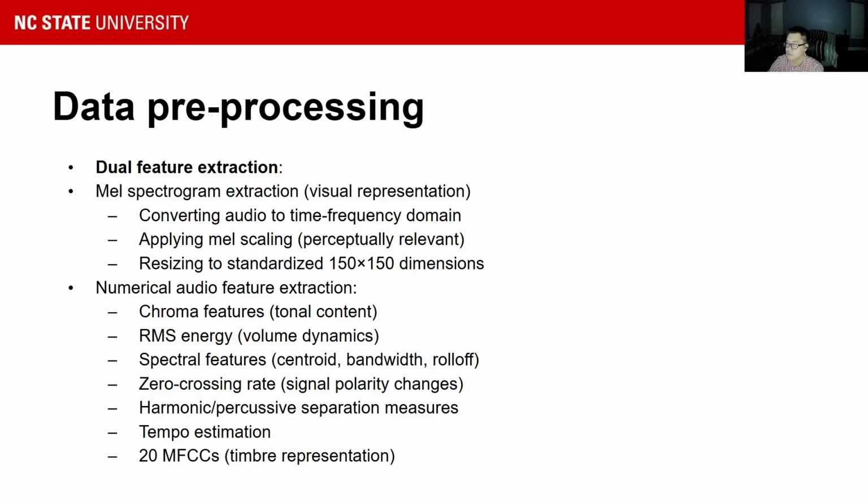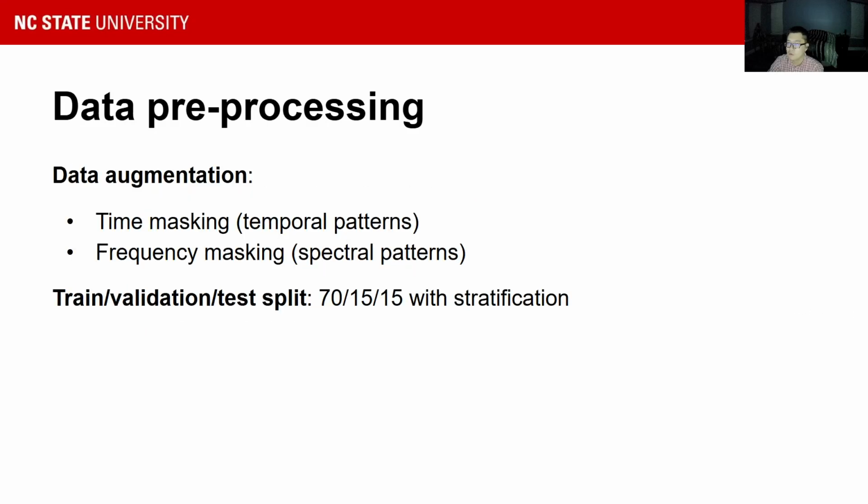For numerical features, we extract many of the defining features to be used in the deep neural network part. For data augmentation, we employ time masking and frequency masking to create more varied samples. And as per usual, the dataset is split into 70% training, 15% validation, and 15% test sets with stratification.